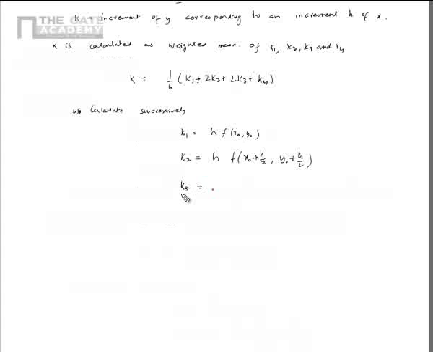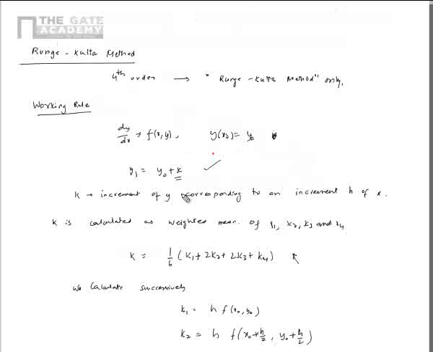Now k3 is h into f of x naught plus h by 2, y naught plus k2 by 2. Similarly, k4 is h f of x naught plus h, y naught plus k3. Once you get k1, k2, k3, k4, you just substitute in this formula, get k, and that is nothing but the increment of y. So this is a fairly simple working procedure.